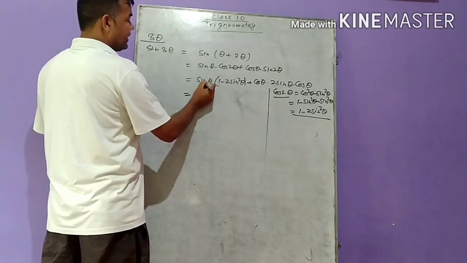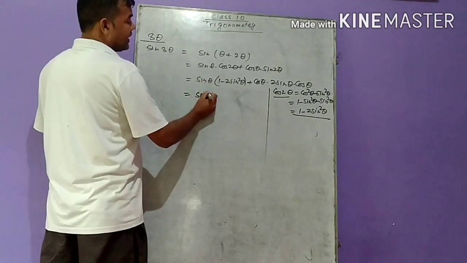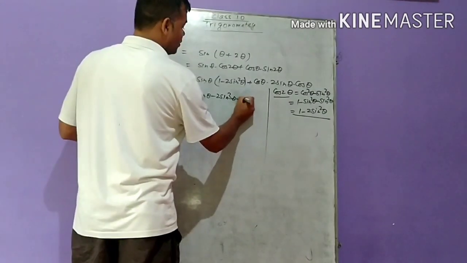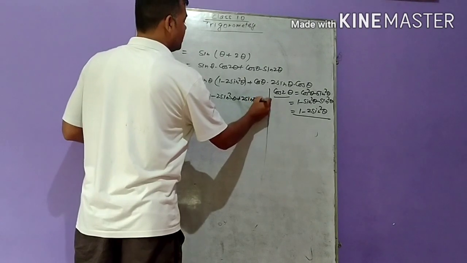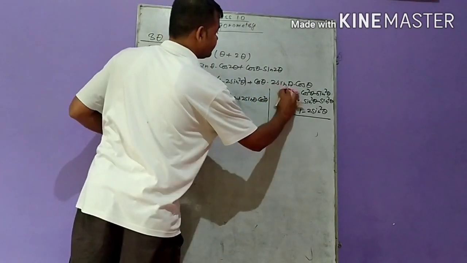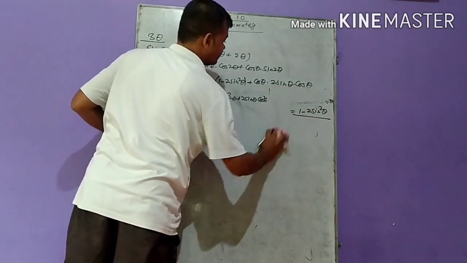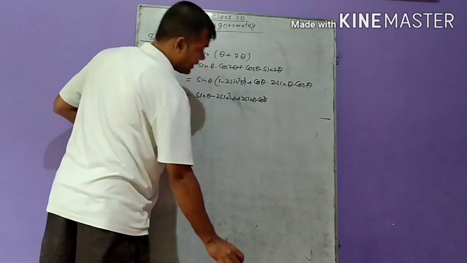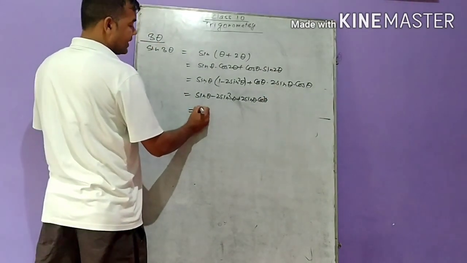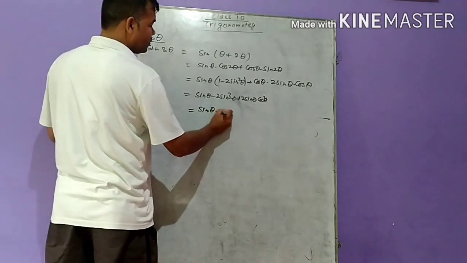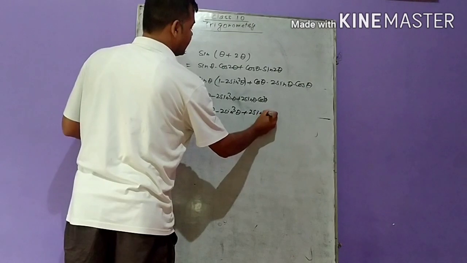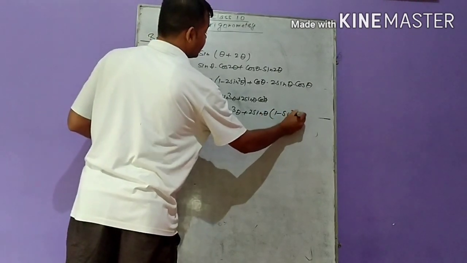Now let's multiply. Sin theta into 1 means sin theta minus 2 sin cube theta plus 2 sin theta into cos square theta. Now we can write sin theta minus 2 sin cube theta plus 2 sin theta into 1 minus sin square theta.